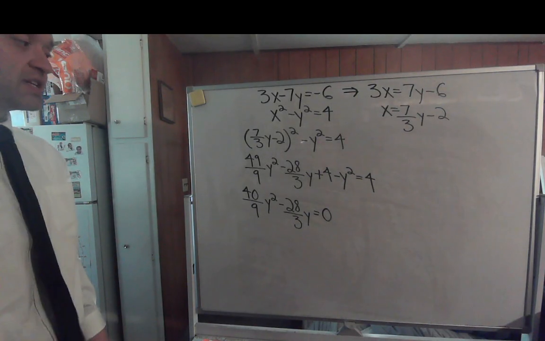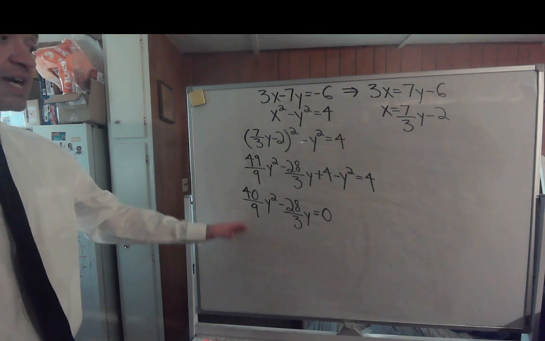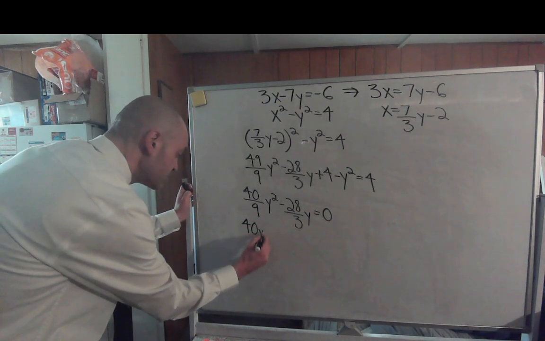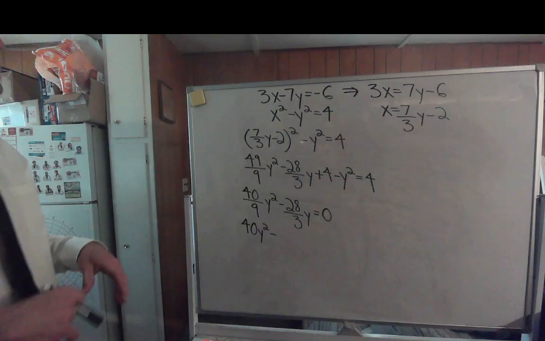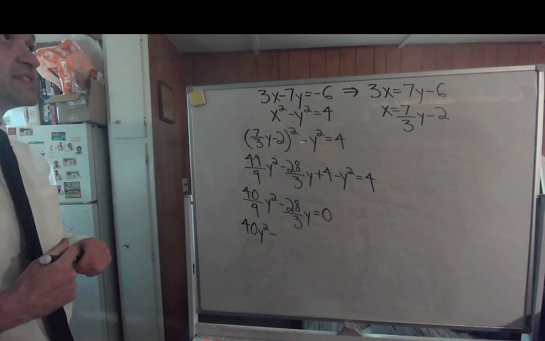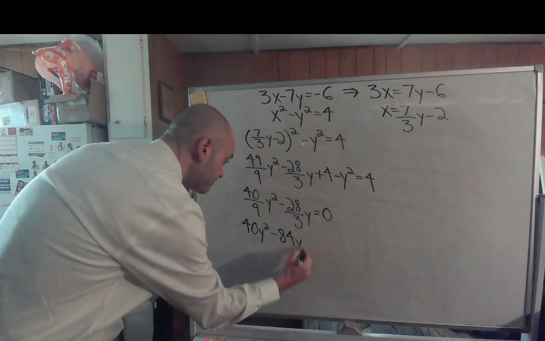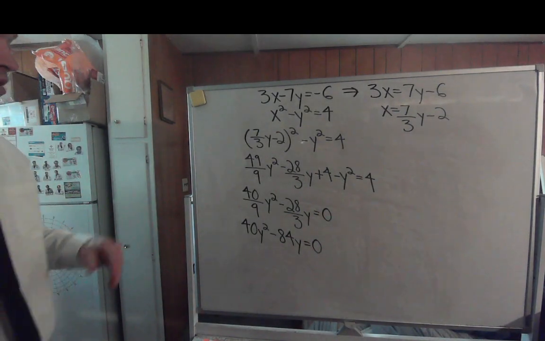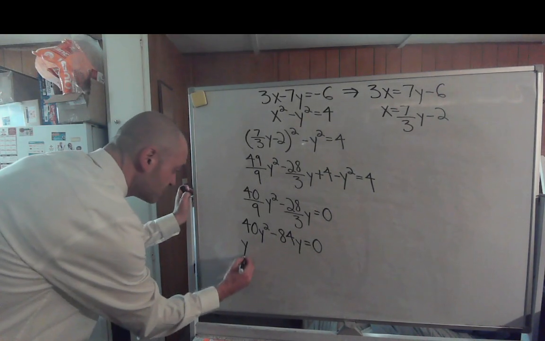I'm going to personally suggest, for all of our sakes, that we try to get rid of the fractions. So multiply everything by 9, you should get 40y squared minus, okay, what's 28 times 3? That's going to be 84. So minus 84y equals 0. Well, for sure, we can definitely factor out a y to start.